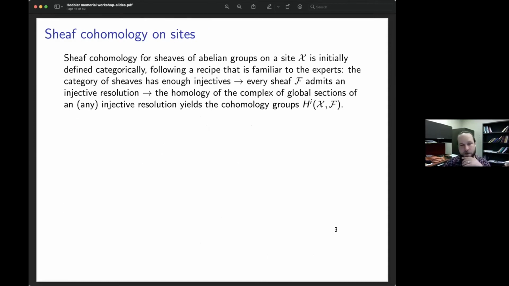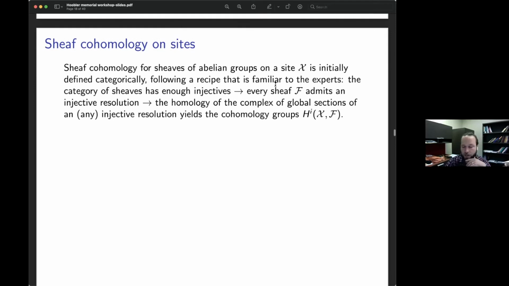Let me tell you a little bit more about this cohomology, what it does, what it's for. The abstract definition of a site, together with that technical notion of what a sheaf on a site is, people have some technology available that immediately leads to a notion of cohomology. What happens is that the category of sheaves on a site has enough injective objects, and that makes it so that every sheaf has a thing called an injective resolution, not one but many possible ones.